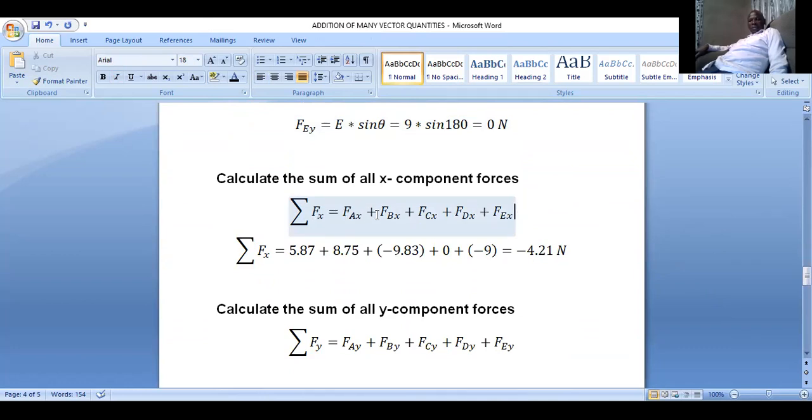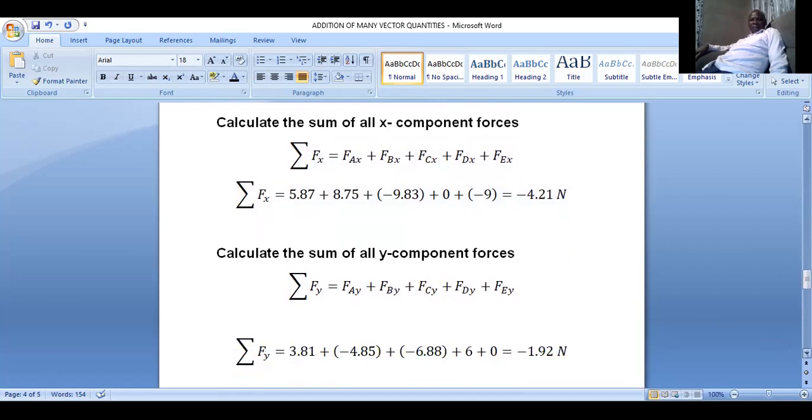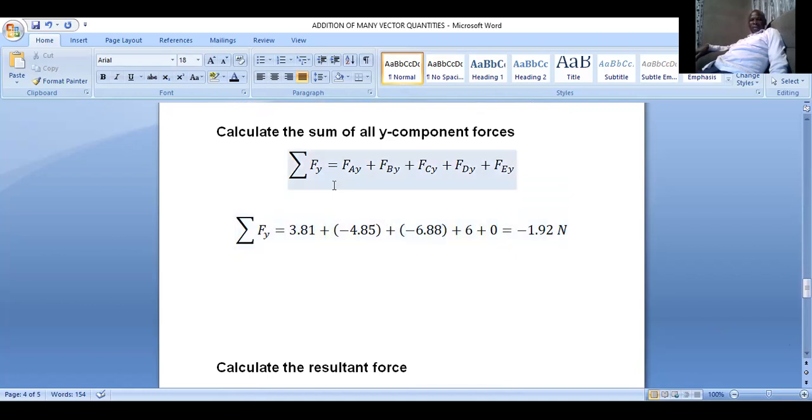All the component forces, you sum them up, and when you sum them up, you find that you get negative 4.21 newtons. Then as well as summing all the forces in the y direction, which means all the component forces in the y direction, you sum them, and you get negative 1.92 newtons.